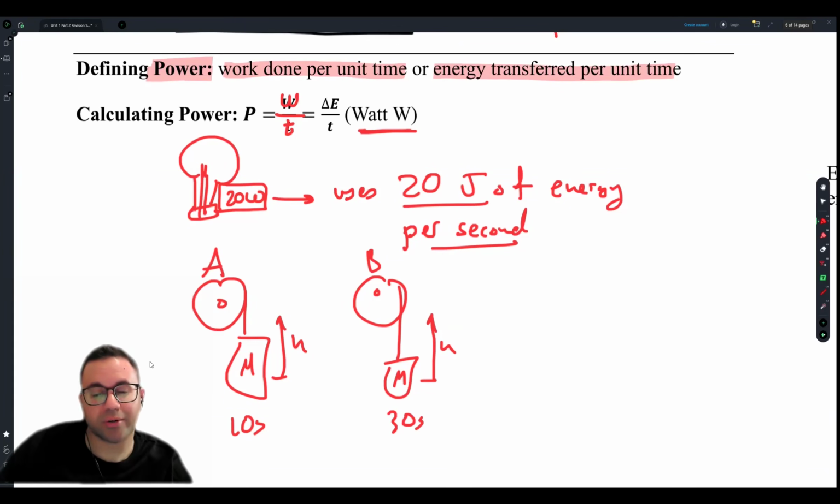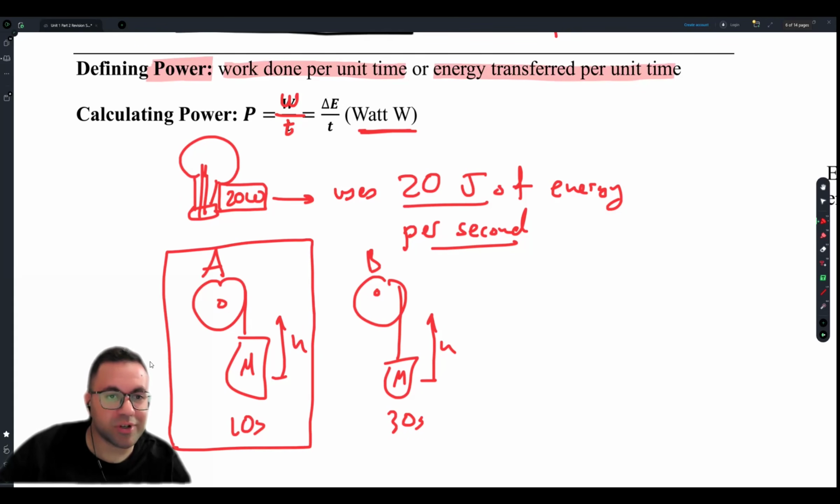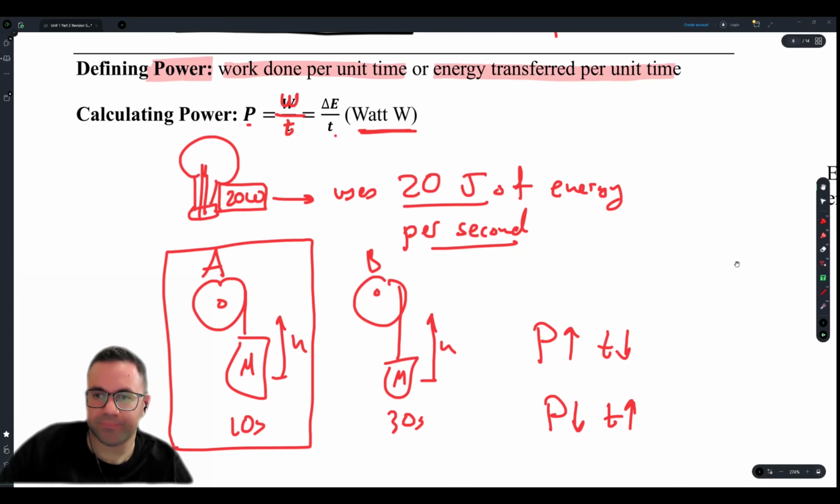Which one has more power? A. Exactly, because power and time are inversely proportional. The less time you take, the more power you have. The more time you take, the less power you have. Okay? Good.